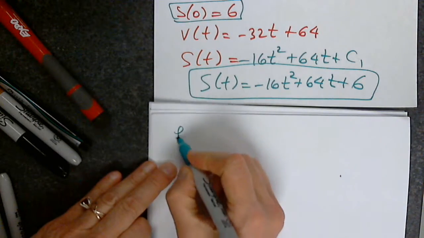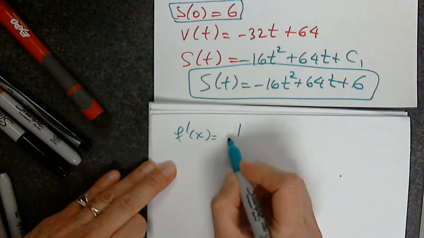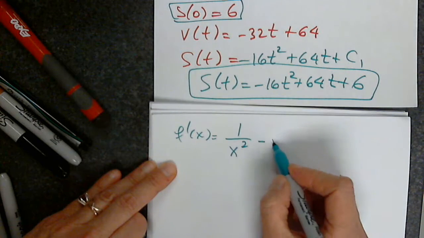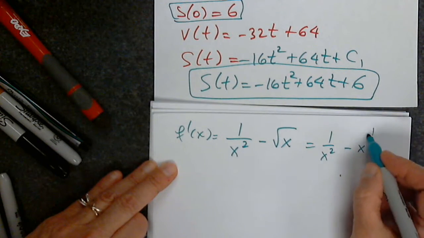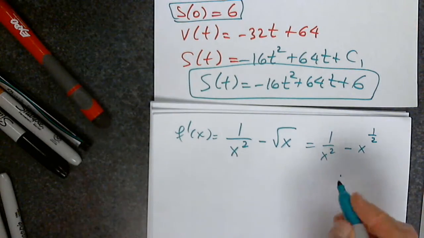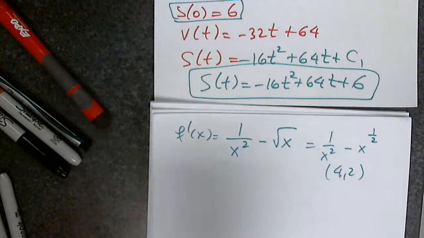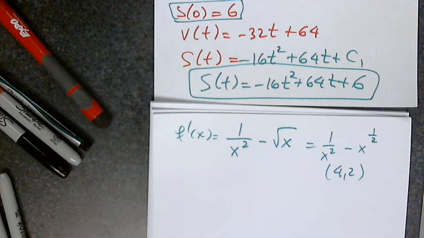So we are given f prime of x, which is 1 over x squared minus the square root of x. Of course, I'm going to change that into x to the 1/2. And we are given the point (4, 2). Find the equation of the curve, or the function, passing through (4, 2), whose slope function is f prime.